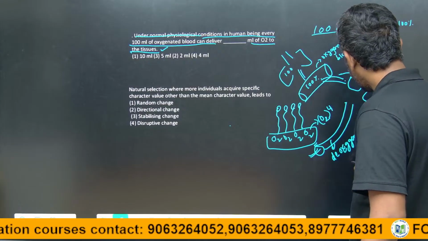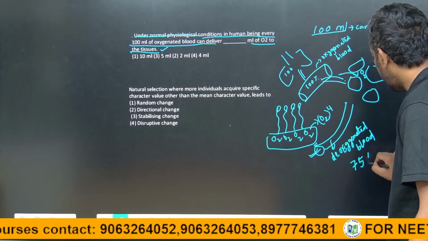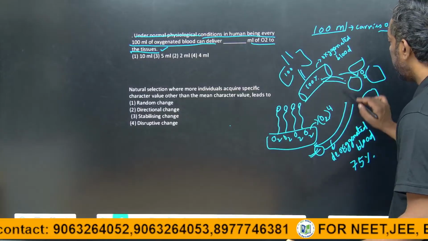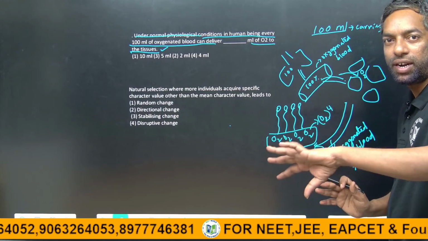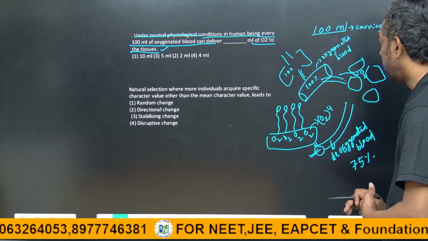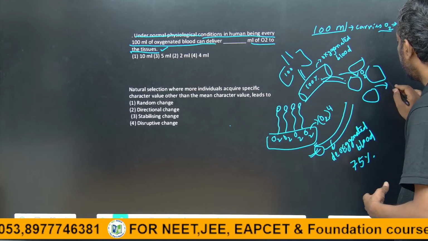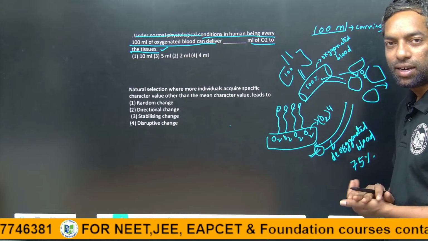Deoxygenated blood also contains 75% of oxygen, because 1 molecule is delivered here and the remaining 3 molecules return after metabolic activity takes place in the tissue.